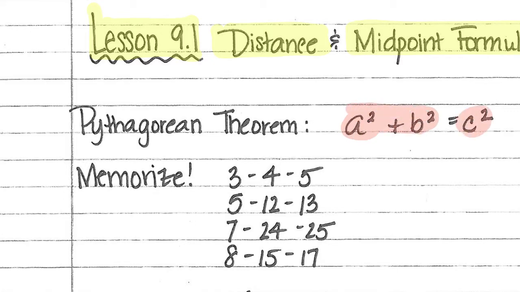Now, I like to tell my students, there are some triples. We call these Pythagorean triples, and we use these all the time. So I always tell my students to memorize them, and I would like for you to memorize a 3, 4, 5, a 5, 12, 13, a 7, 24, 25, and an 8, 15, 17.